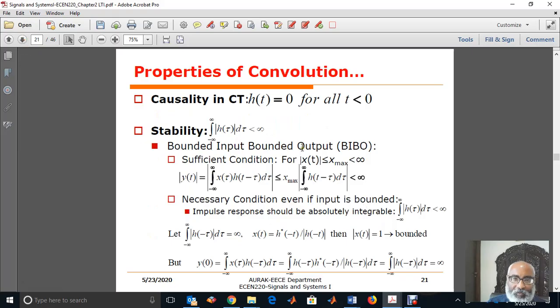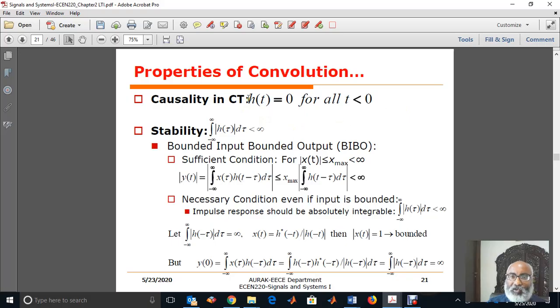The other property is causality. If you remember in chapter 1, we say a system is causal if the output at time t depends on the present input or the previous input, or present and previous input, but not on future inputs, because of the cause and effect relationship.